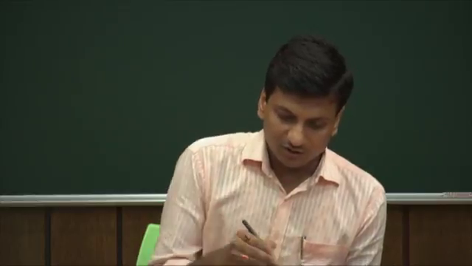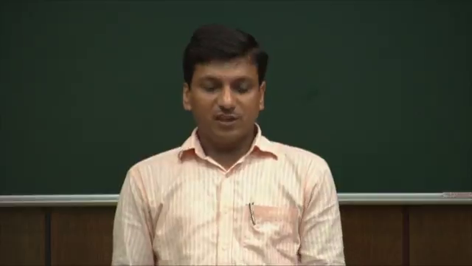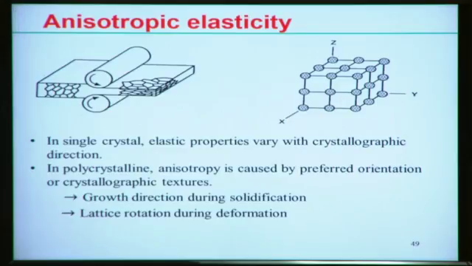So in polycrystalline material, the anisotropy is caused by the preferred orientation of crystallographic structures. For example, growth direction in the solidified structure, where it is desirable to consider the anisotropic analysis. And second is the lattice rotation during deformation, mostly in metal forming processes. So in these two cases, the anisotropic behavior is most important to analyze.